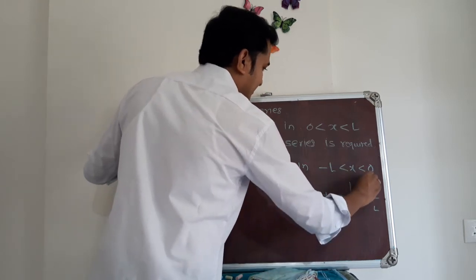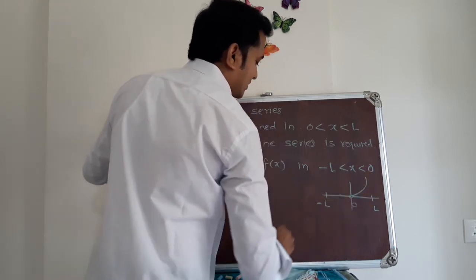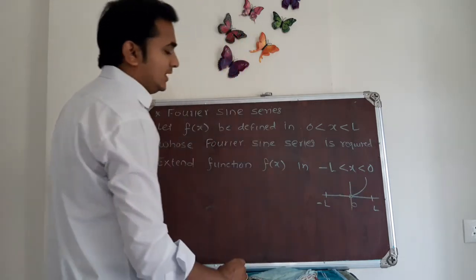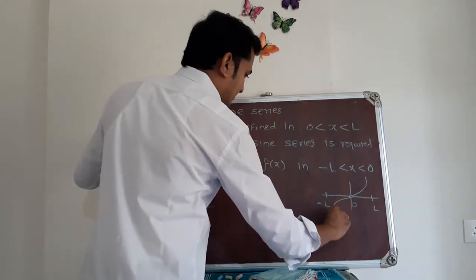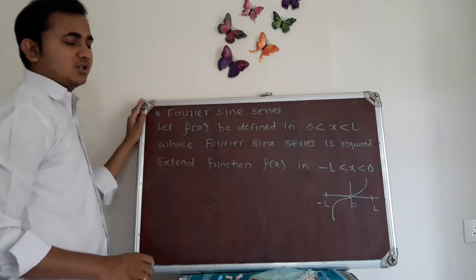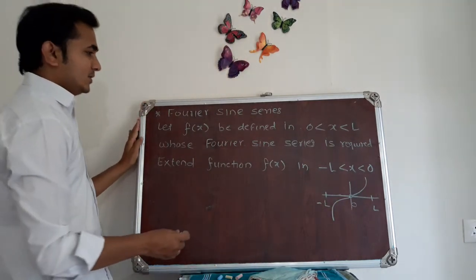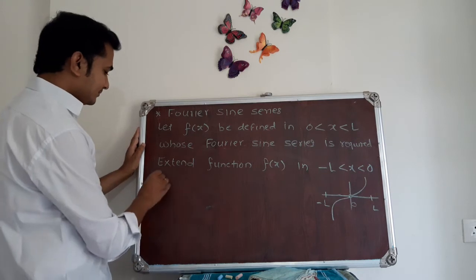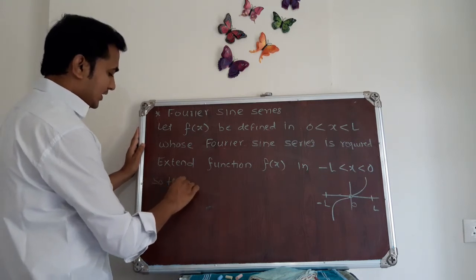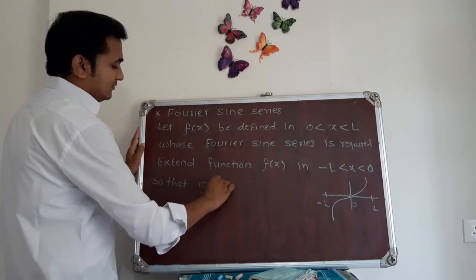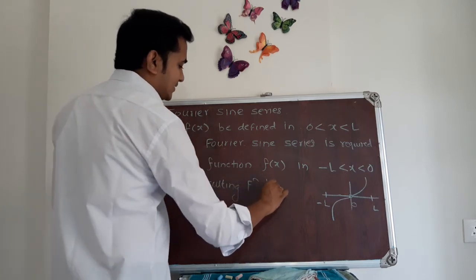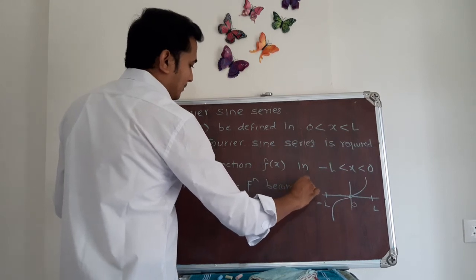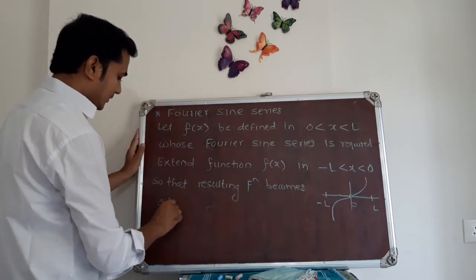So if something like this was the graph in 0 to L, then you can extend it so as to become an odd function, so that the resulting function becomes an odd function.